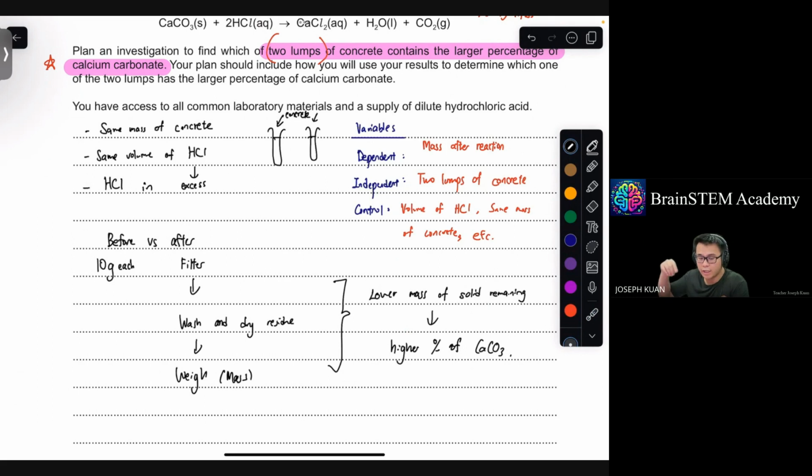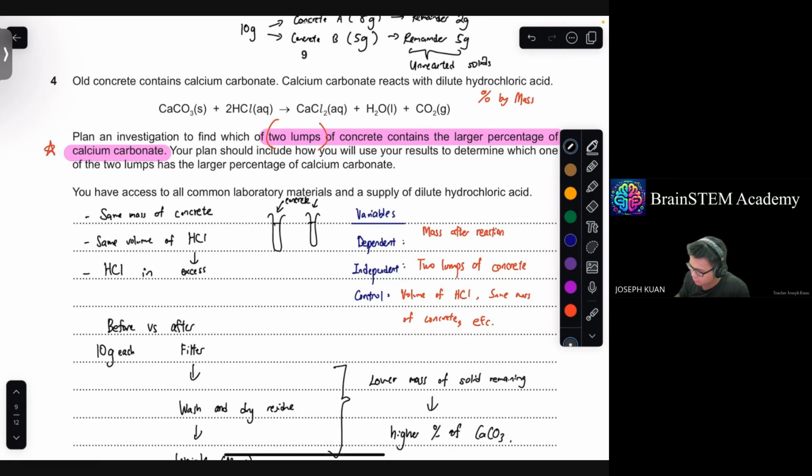Otherwise, from what I see from this question, I feel like it's easier for you to write the setup using mass, although there are other variables they can look at. From the answer scheme, you can also look at carbon dioxide.